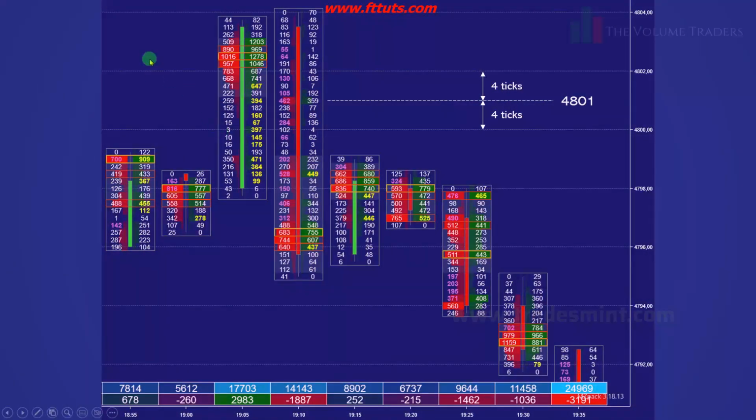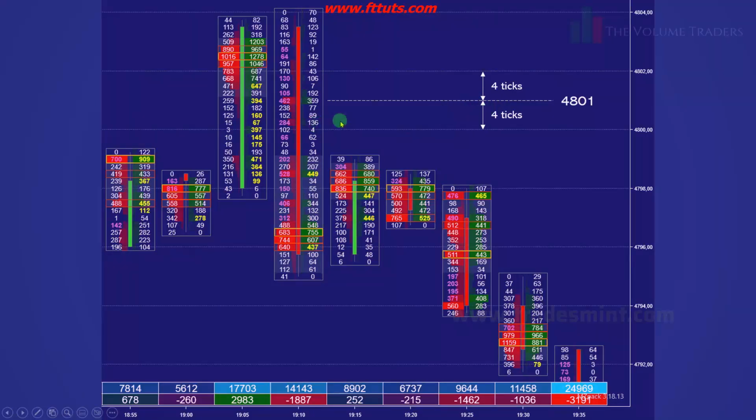This is the ES chart, S&P, and what I want to say is that for each price level and each bar, the footprint displays the quantity of market orders, the market orders that were traded at each price level. And if you remember from one of the first videos, ES moves by 1 point as 4 ticks.